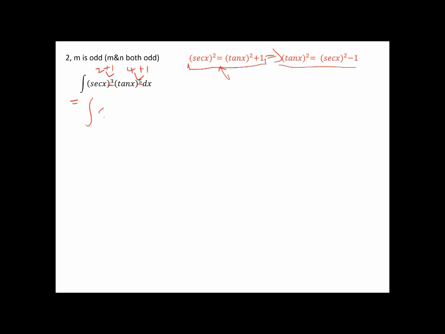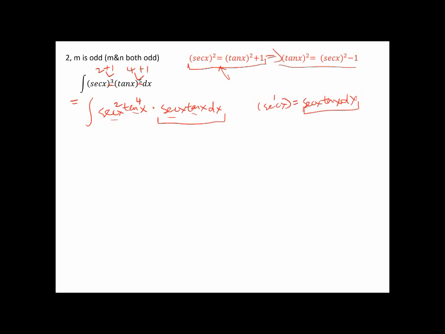Rewrite it as secant x squared tangent x fourth by secant x tangent x dx. What I want is this part, secant tangent dx. You remember, the derivative of secant x equals secant x tangent x dx.